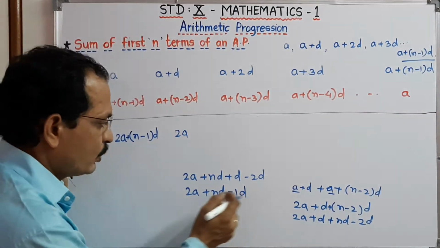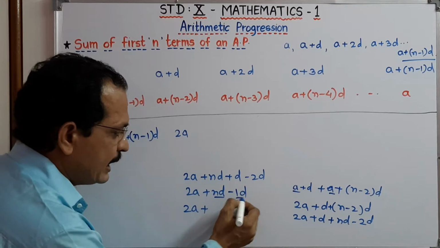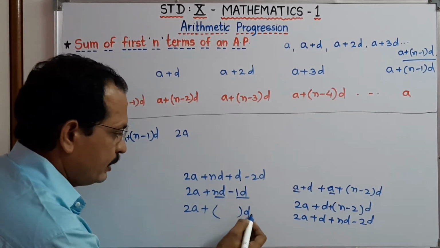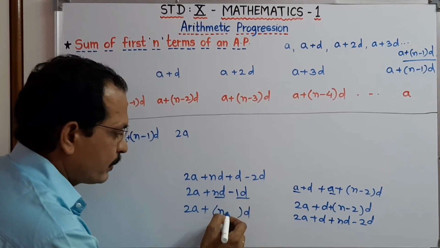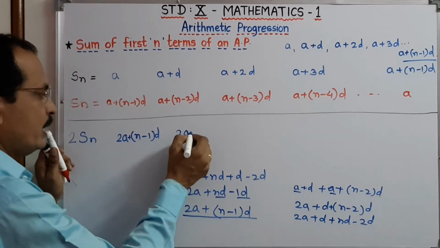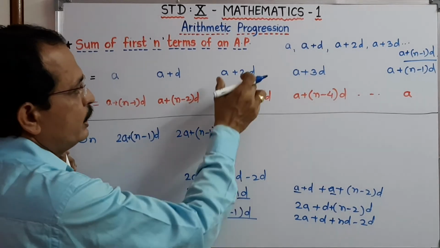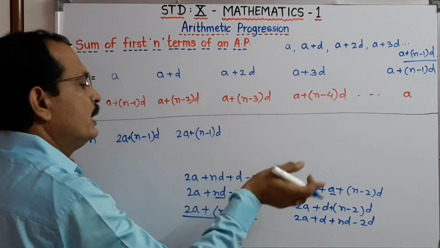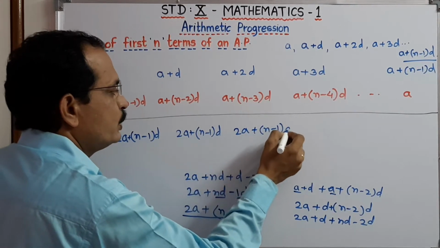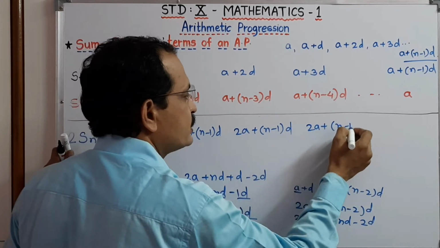Got it? Now we can take d out as common from these two terms. If we take d common, we get n minus 1, therefore 2a plus n minus 1 into d. Similarly, if we add these two, that will also be 2a plus n minus 1 into d. This addition is also 2a plus n minus 1 into d.